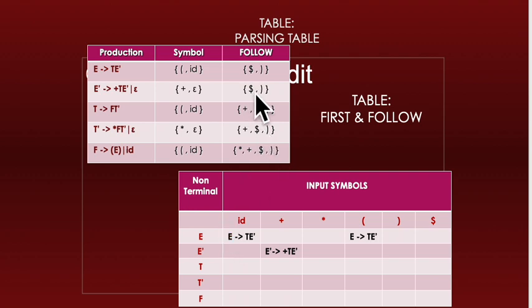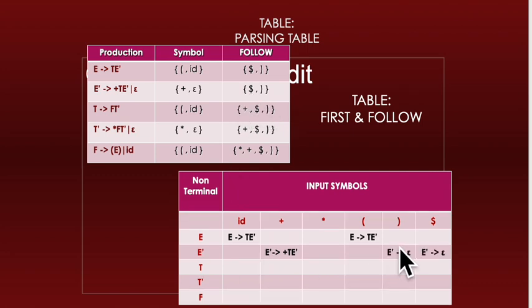The follow symbols are close parenthesis and dollar. So under close parenthesis and dollar, because of epsilon, we write the production E dash gives epsilon. So when we have epsilon in first, we have to look at follow symbols as well.